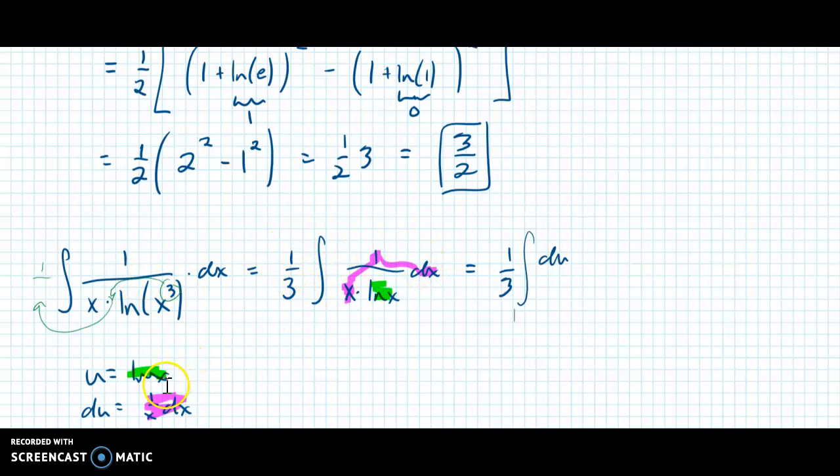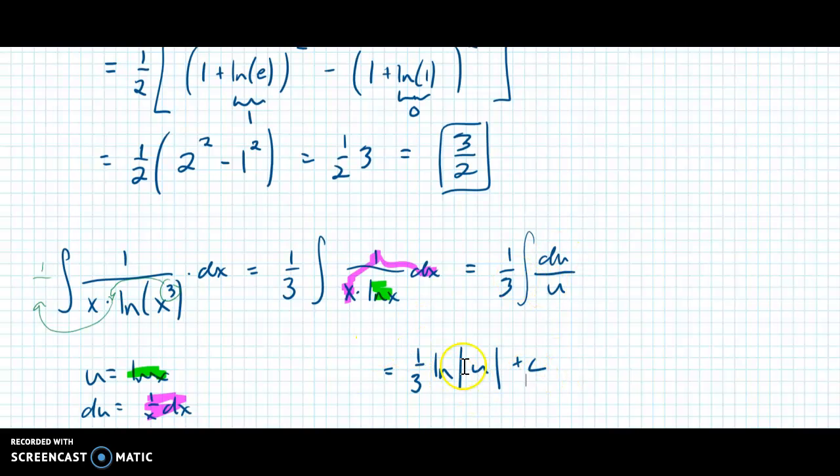Why is it still in the top? Because it would have to be a flipped version of this, right? Think about this: ln is u. So this is 1/3 integral of 1 over u du. What's that? That integrates to an ln absolute value of u plus c.